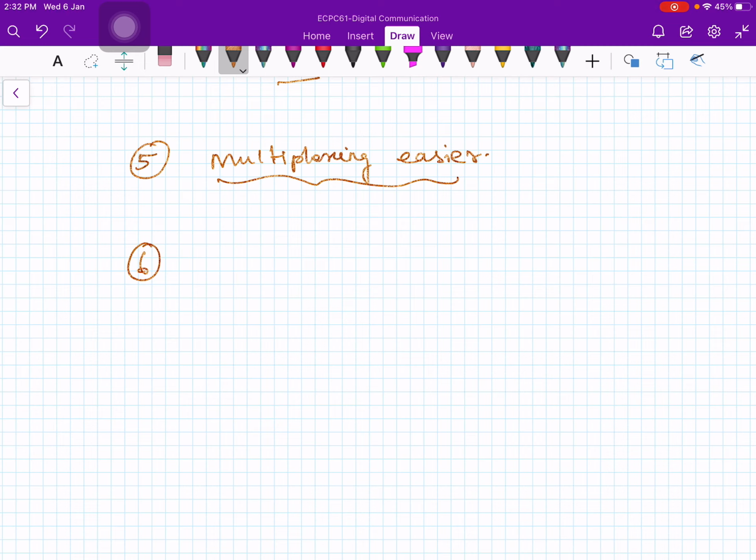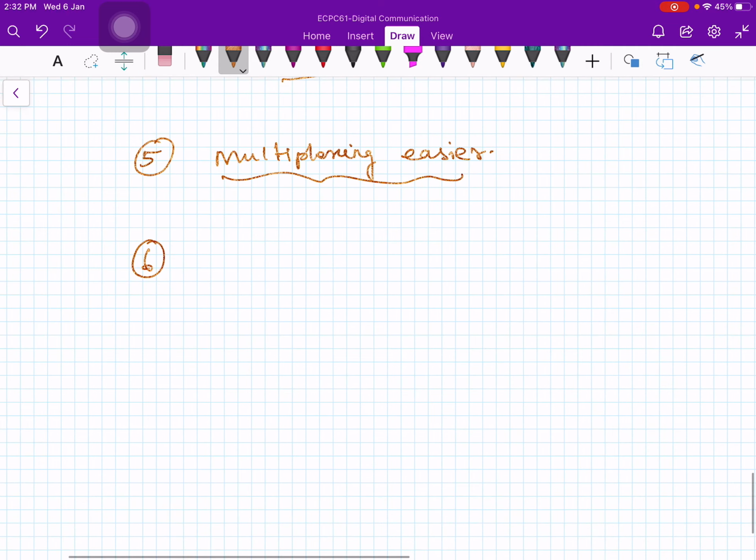Finally, in a nutshell, what I would like to say is that ultimately what is important is the transmission of information in a correct and reliable manner. Therefore, digital communications are more efficient than analog systems.